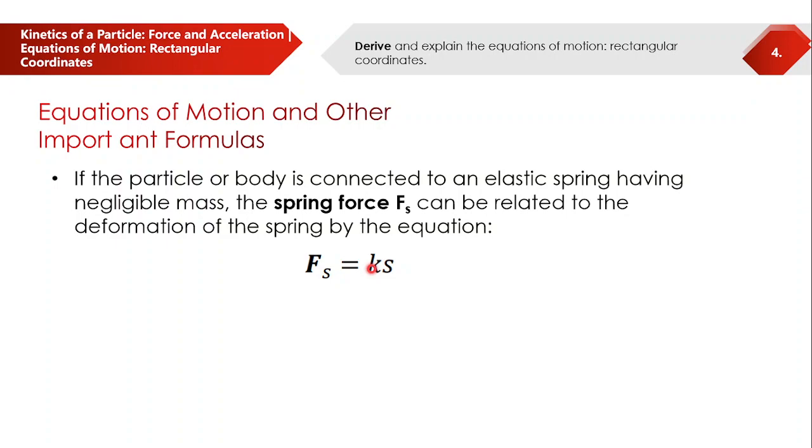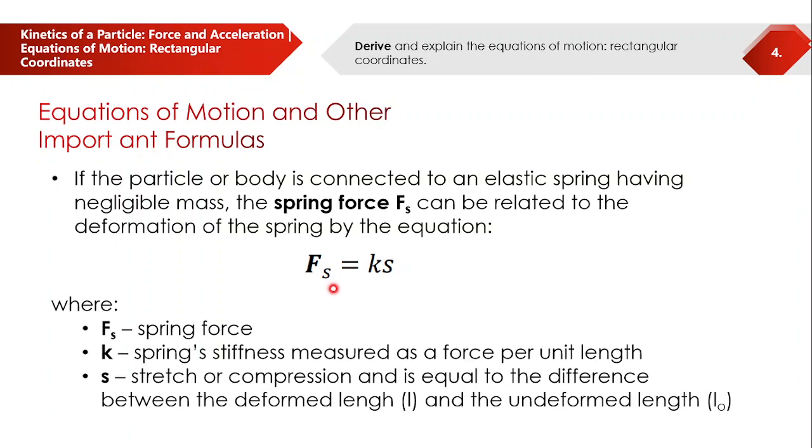Then multiply it by the distance the spring is stretched or compressed, and you have your spring force. Okay, this is how you solve for spring force, F sub S.